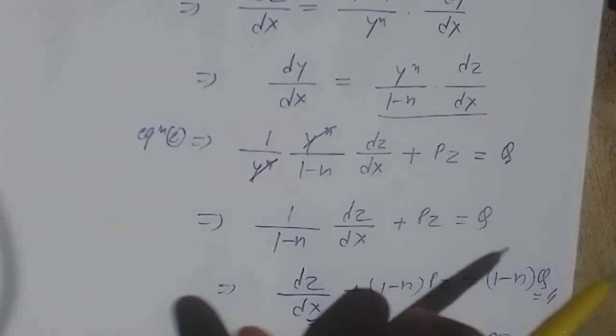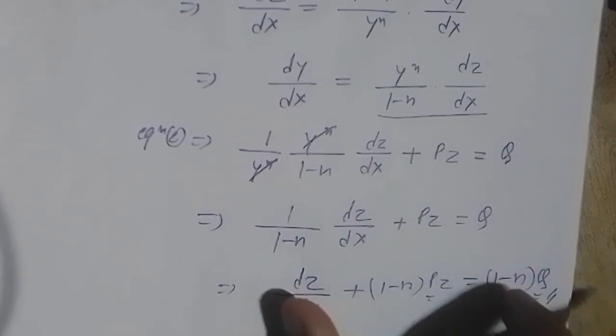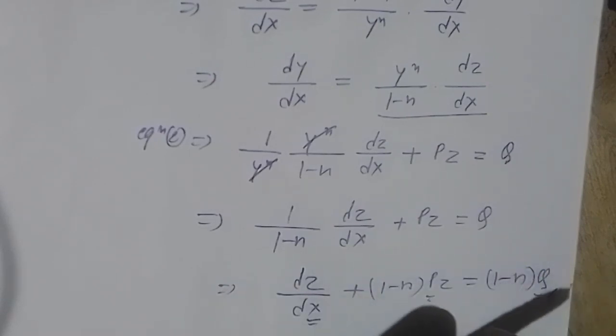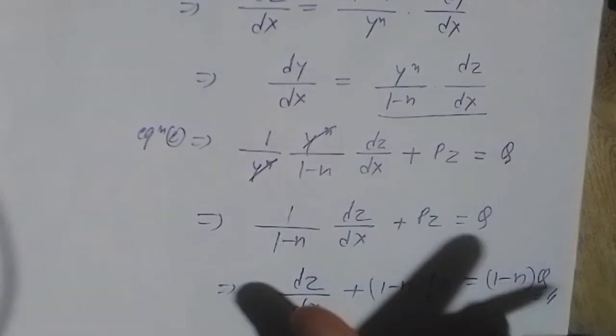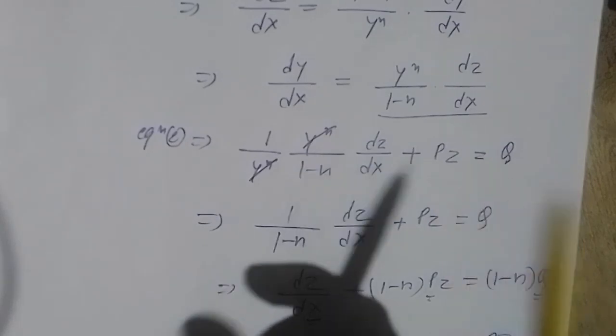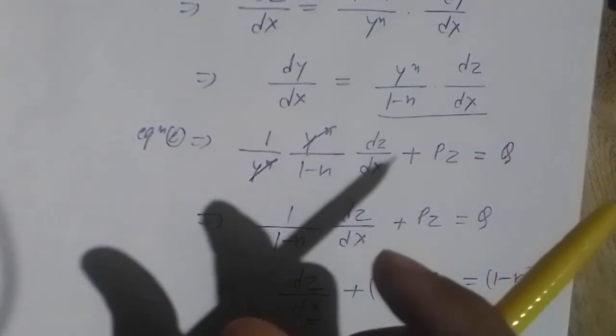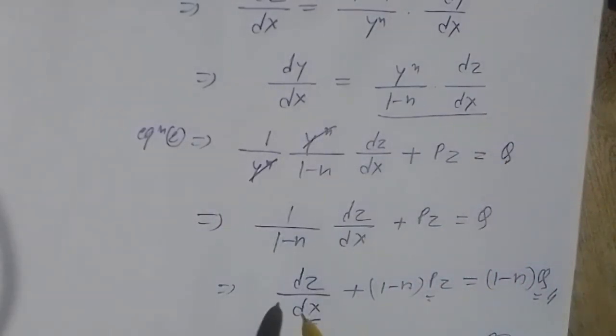Now the question is how to solve this equation. It is simple, since we know how to solve a linear differential equation. So using that method of solving linear differential equations, we can solve this equation as well.